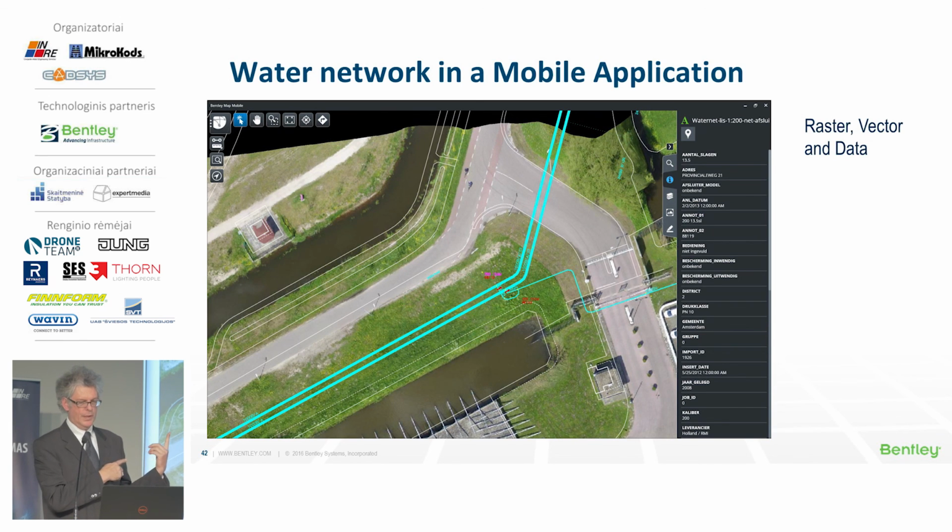So what you're looking at now is a Windows app, but the app is totally the same on Android and iOS. I can show you on my telephone if you want to. I don't want to, but it is possible.